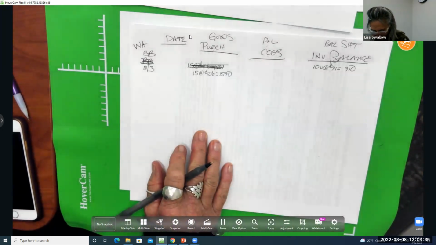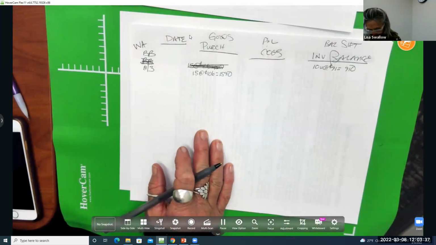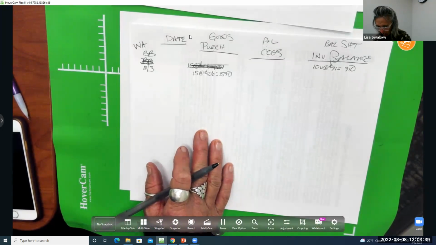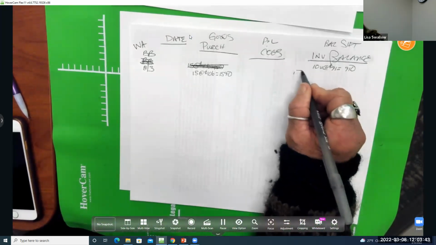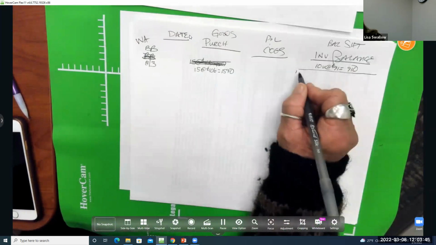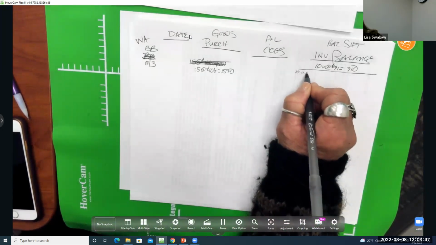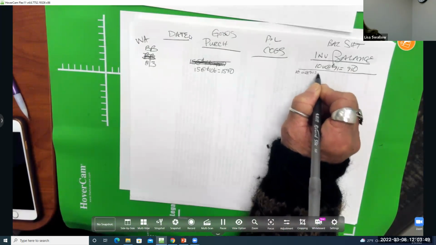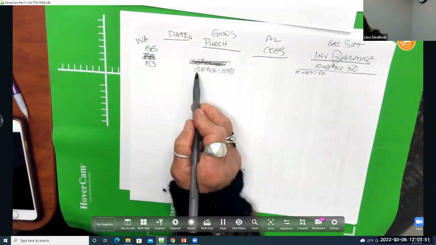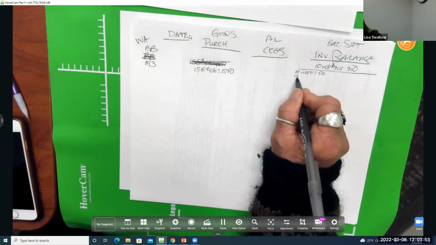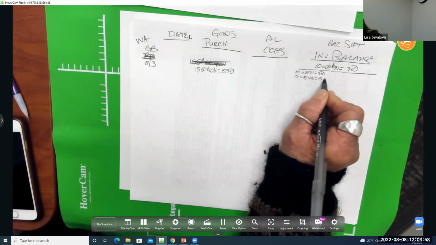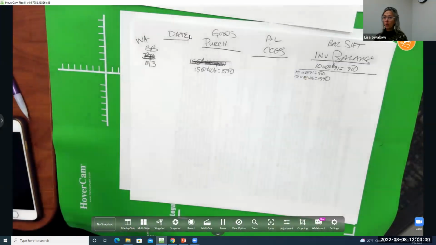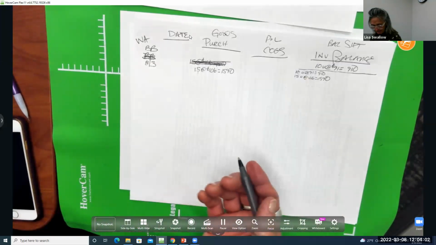So now we are going to average out what we've got. This is where weighted average is a little trickier. We've got 10 units at $91. We've got this new purchase. So now you need to figure out a weighted average cost.